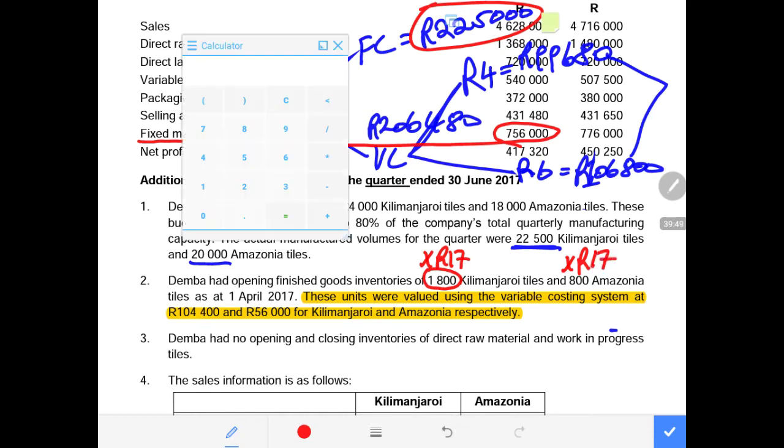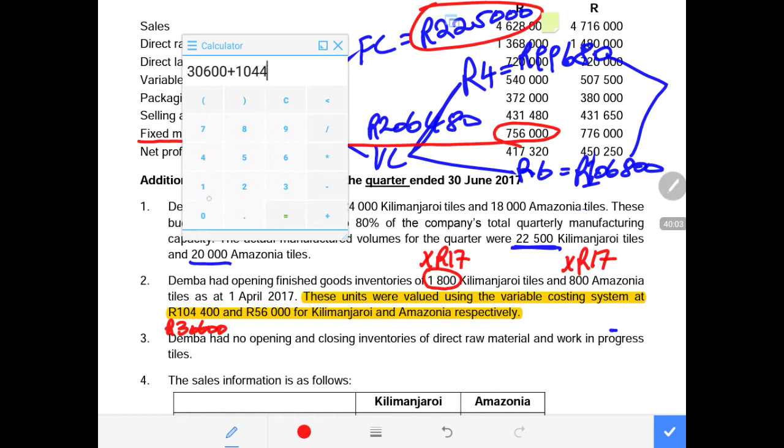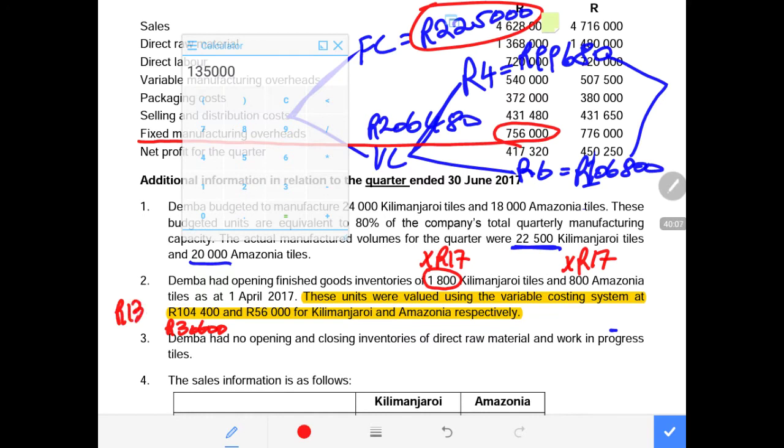Therefore, now we are able to say 17 by 1,800, we get to 30,600 plus 104,400. This gives us 135,000. That means now our opening inventory is inclusive of the fixed cost.